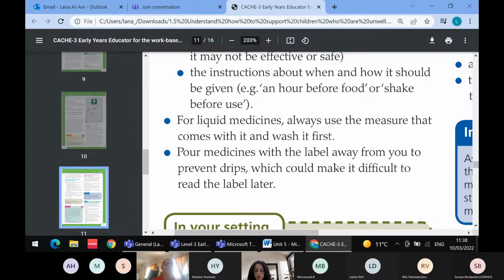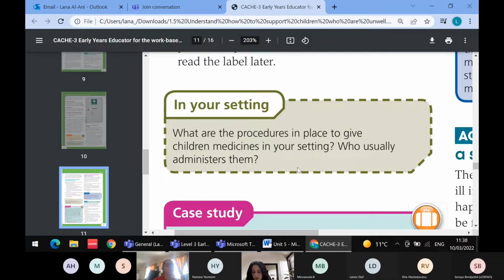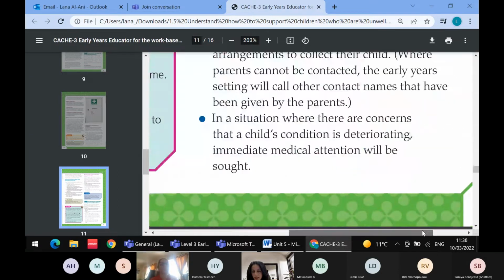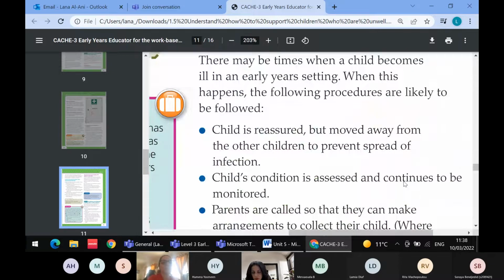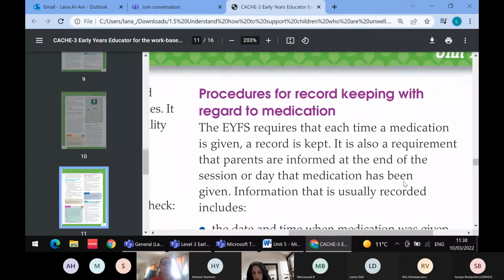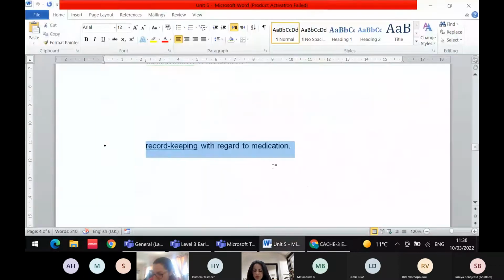So you need to make sure you check this carefully. And then obviously, as we said, after the child is feeling really well and better, then you need to get rid of this medication.